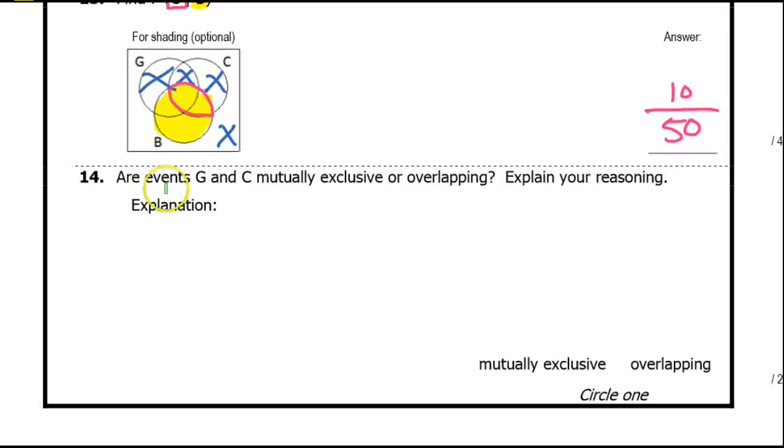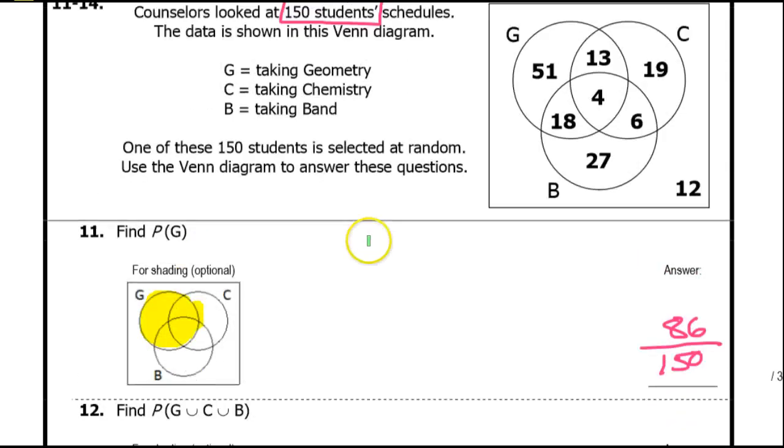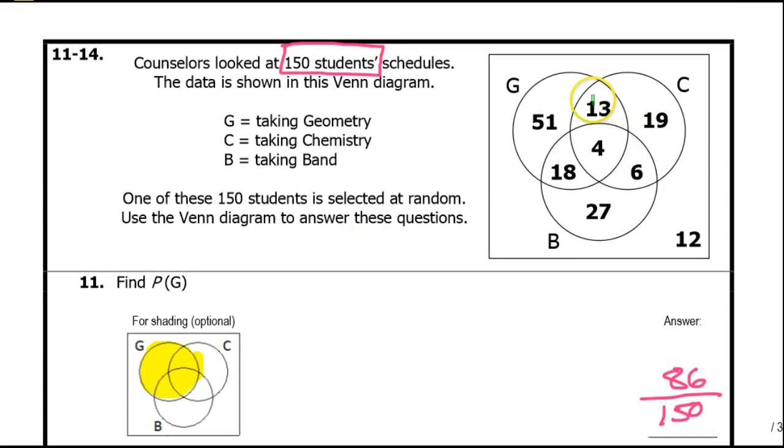Next they want to know, are events G and C mutually exclusive, or are they overlapping? G and C are clearly overlapping because here is circle G and here is circle C, and they overlap right here. We're going to have to justify our answer, so it would be helpful to use these numbers.